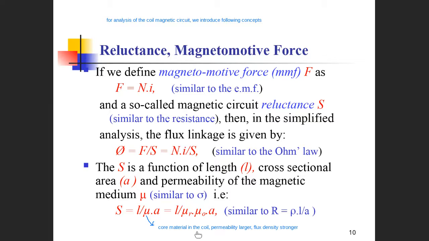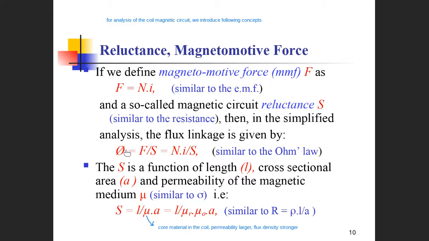Okay, so once again, the mu here represents the core material inside the coils. The larger the permeability, the stronger the magnetic field produced inside the coils for the same current.